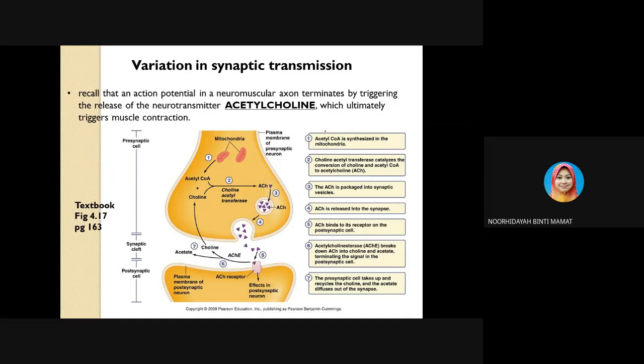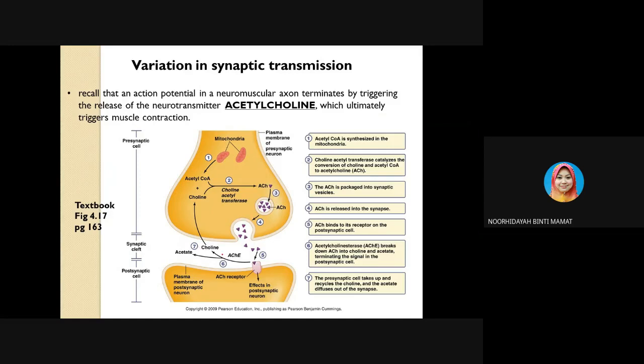Then the conversion of choline and acetyl CoA is catalyzed to form ACh, from acetyl plus choline to ACh, and it is packaged into the synaptic vesicles.